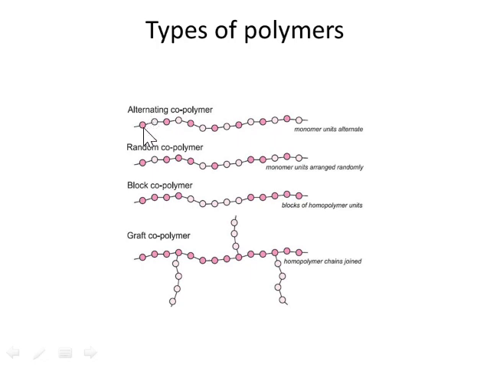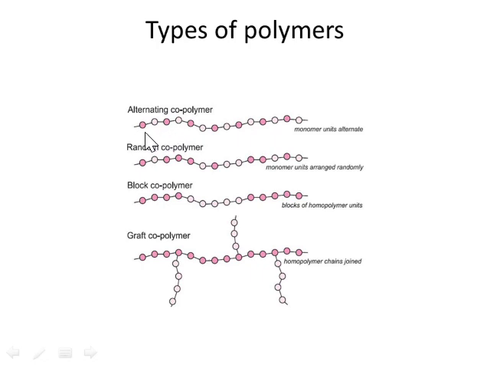For example, this is a hydrogen and this is a carbon, this is a hydrogen, this is a carbon. That means it is alternate, arranged in order. That is called an alternating copolymer. This is the first type of polymer structure.